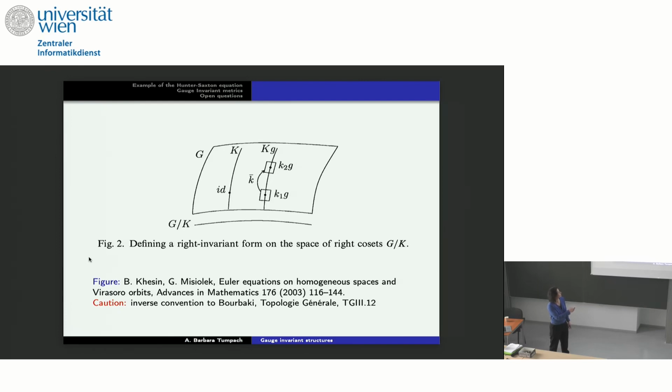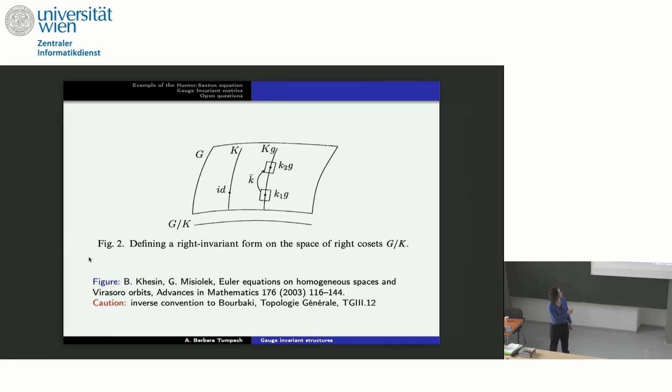And so there are different notations for cosets, action. We never know if you have to write a group on the right, on the left. It's a mess. And it's also a mess because in the literature there are two different conventions. One is the convention used by Kessin and Misolek, which is this one.